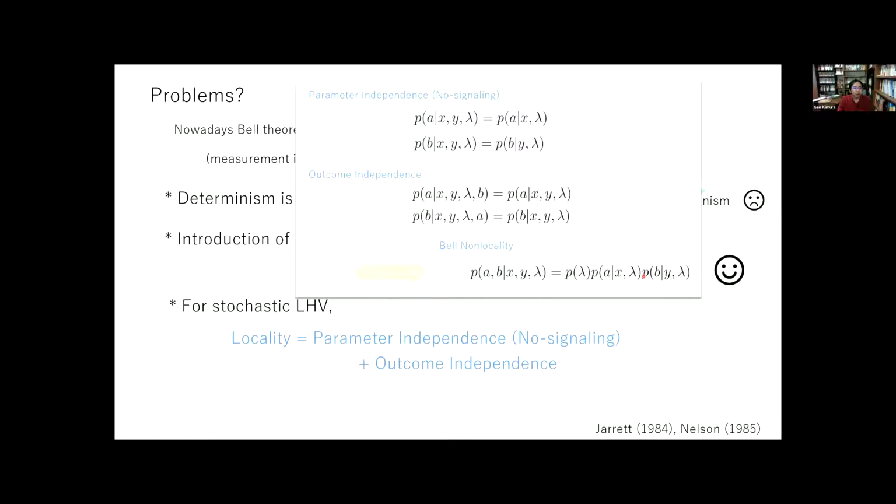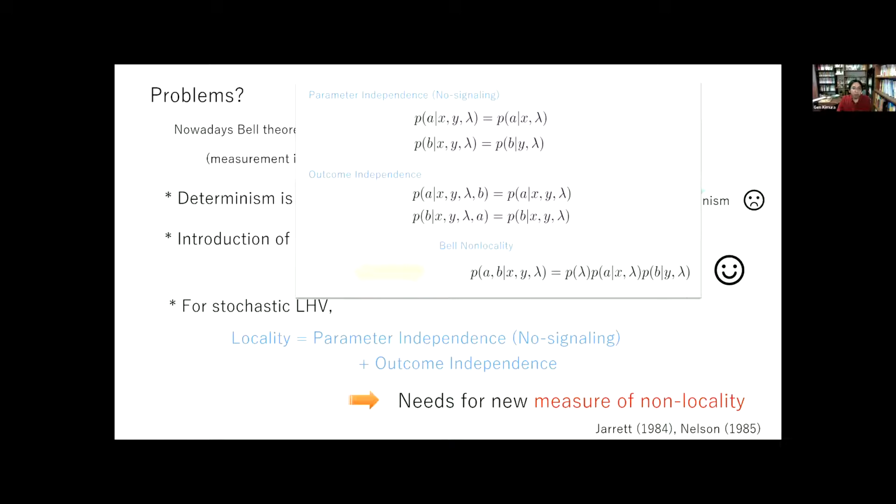And it is not so difficult to show that Bell's non-locality, without p lambda, and these two conditions are equivalent. I think that this was first noted by Jarrett or independently by Edward Nelson. So we need a new measure for non-locality, not only for parameter independence.